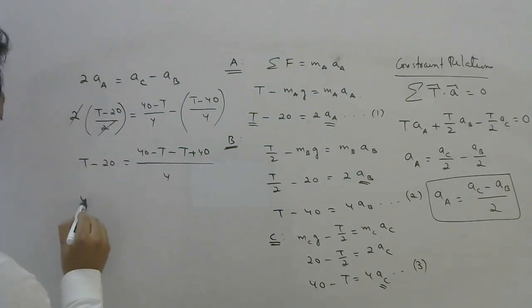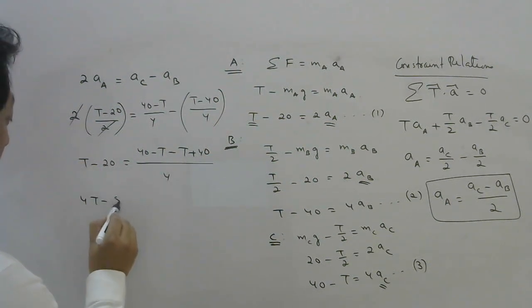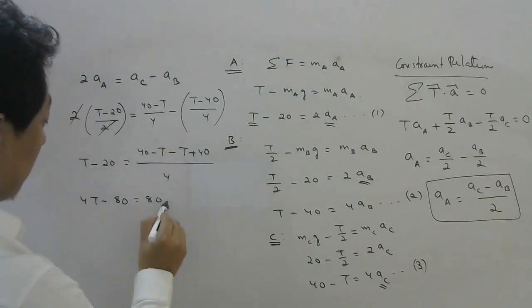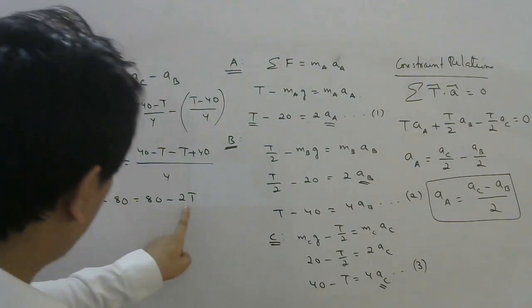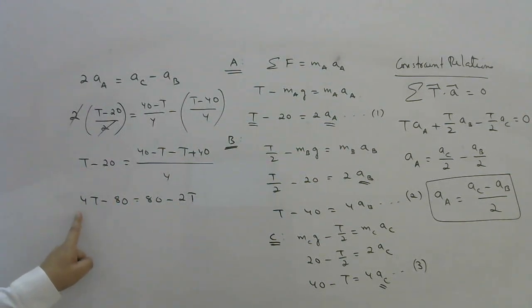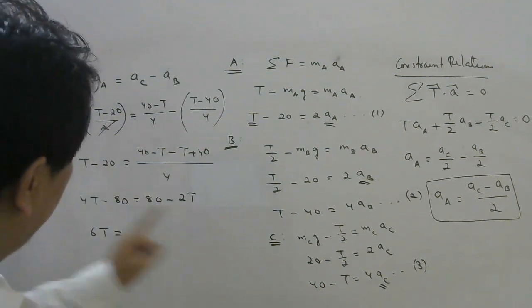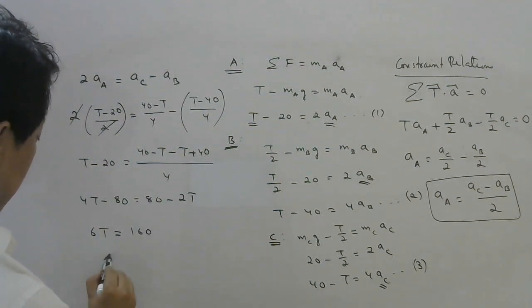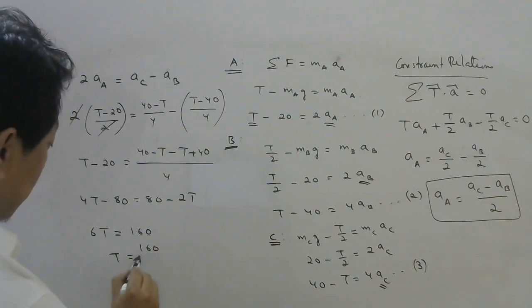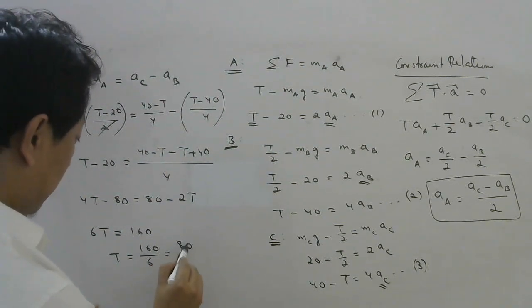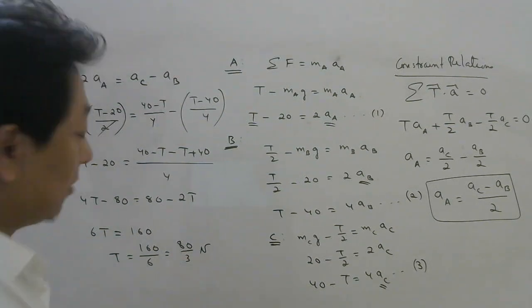Cross multiply: 4T minus 4 into 20, 80. 40 plus 40, 80 minus T minus 2T. When minus 2T comes here, 4T plus 2T will be 6T. And minus 80 will go there, 160. So tension will be 160 by 6, and that would be 80 by 3 Newton.